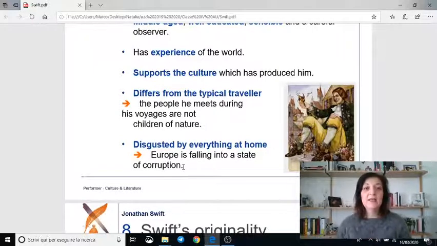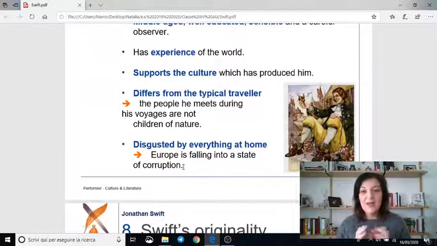Then there is another difference, that is the fact that Lemuel Gulliver is deeply disgusted by everything that he left at home in Europe, in England.